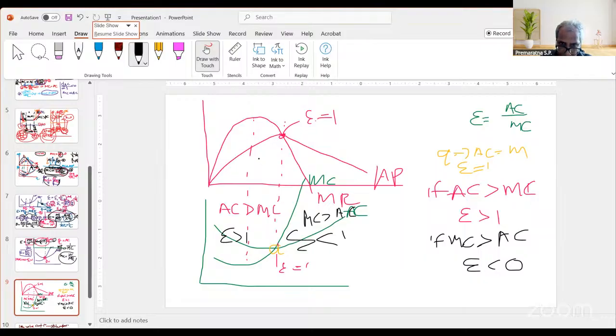Now, when we discuss the production side also, we found that elasticity using the MPL is MP divided by APL.